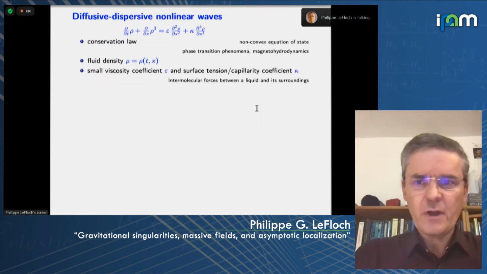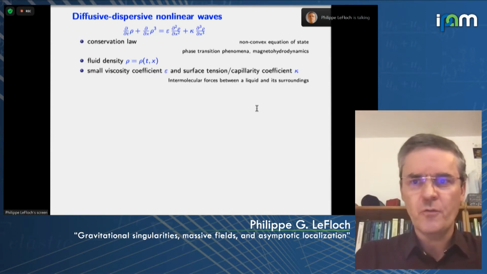So I'm going to explain this in the simplest model I can think of, which is a Burgers kind of equation, where the flux, instead of being rho squared that you know for Burgers, here is taken to be rho cubed. So it's a non-convex flux for this conservation law. It is a very simple model describing phase transitions.